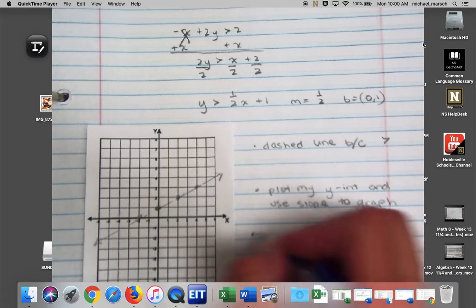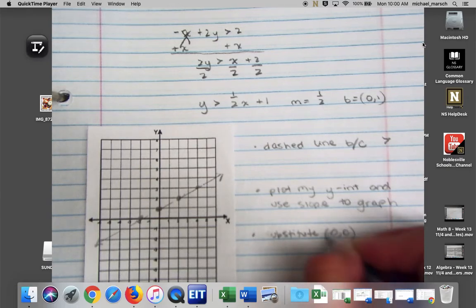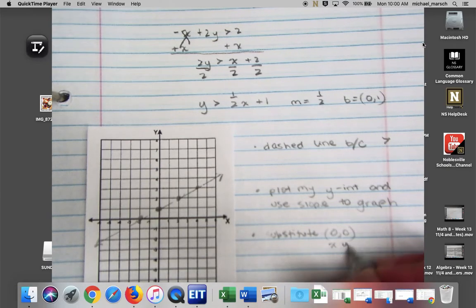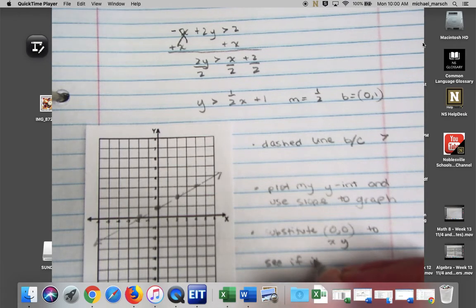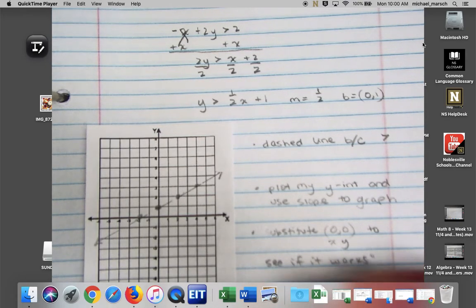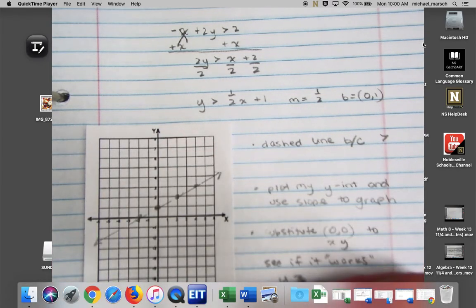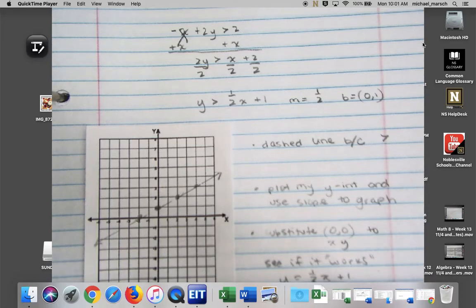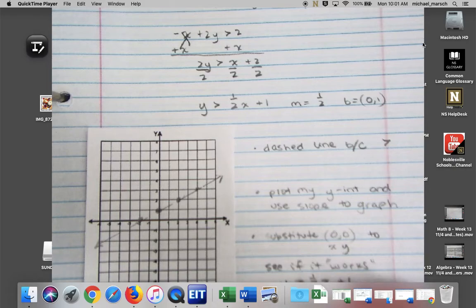And now is where we're going to substitute again, except we're going to use (0, 0): 0 for the x, 0 for the y, to see if it works. Okay, so we've got y equals 1/2 x plus 1, 0 equals 1/2 times 0 plus 1. Does 0, oh gosh, you guys, I have equals here. What am I doing? Greater than, 0 is greater than 1.